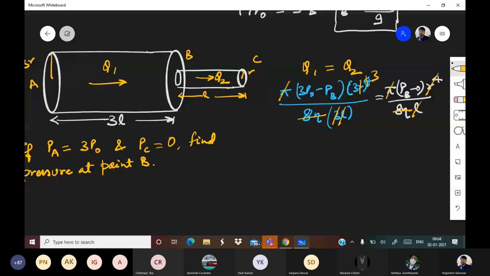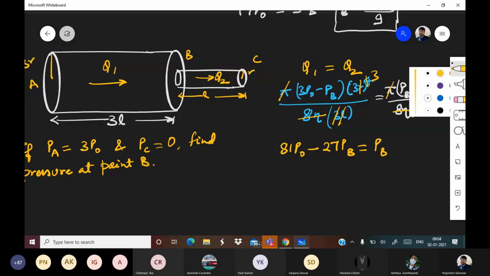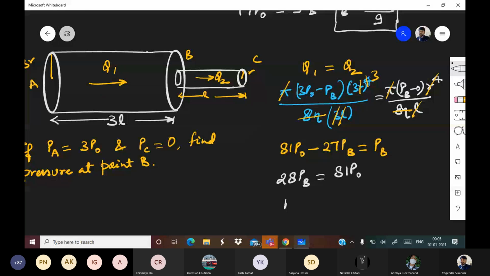So 81 P naught minus 27 PB is equal to PB, and that gives us 28 PB is equal to 81 P naught. PB comes out to be 81 P naught upon 28.